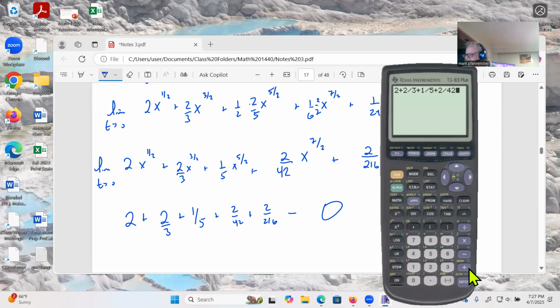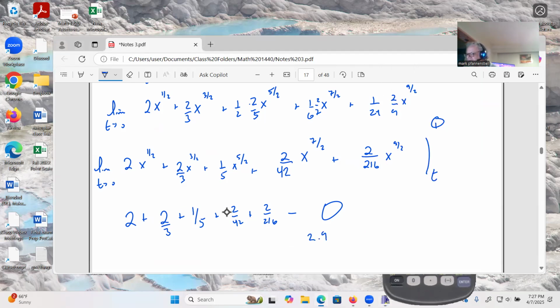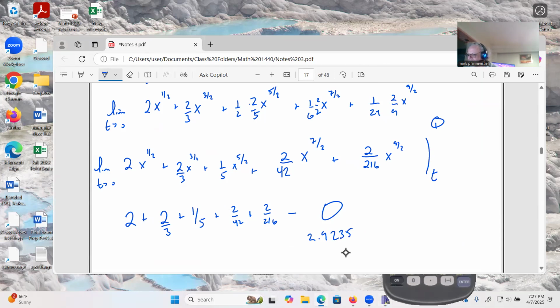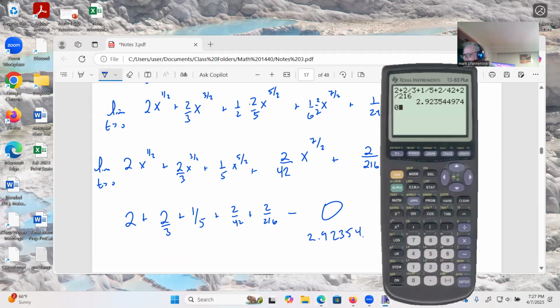Plus 2 over 216. And I will just say equals. 2.9235. Okay. So we have 2.9. We'll write down some numbers here. 2.9235 and some change.